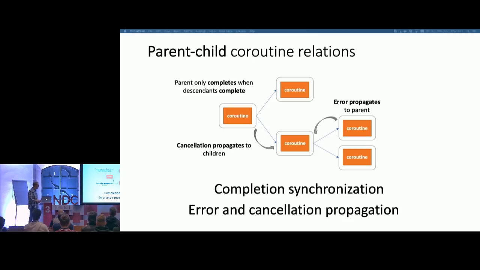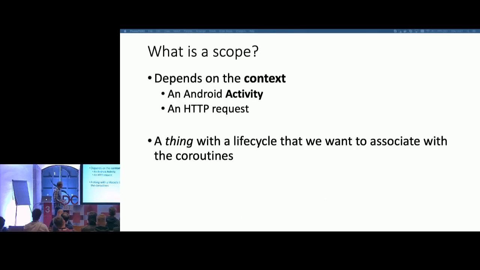When we deal with this, the major question and the hard question is, but what the hell is a scope? In my application, what should I use as a scope? The answer is, it depends. For instance, if I'm doing an Android application, perhaps an activity can be used as a scope.